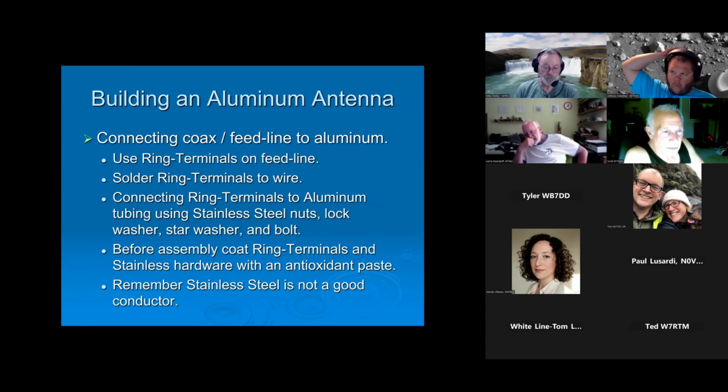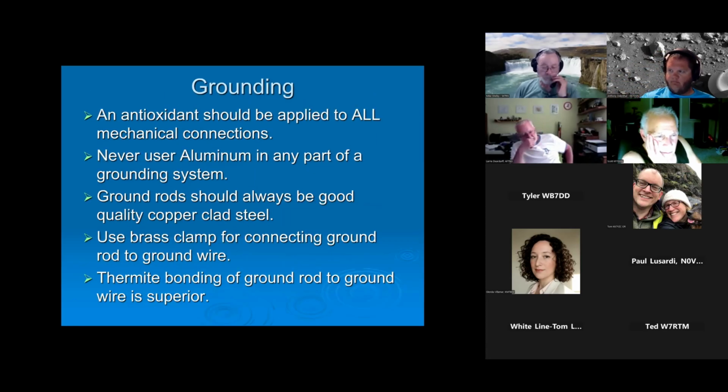Now, of course, before assembling all that, treat your terminals and stainless steel with some kind of antioxidant paste. And we went through the different kinds of stuff that you can use for that. Remember, stainless steel is not a good conductor. So let's talk a little bit about grounding.